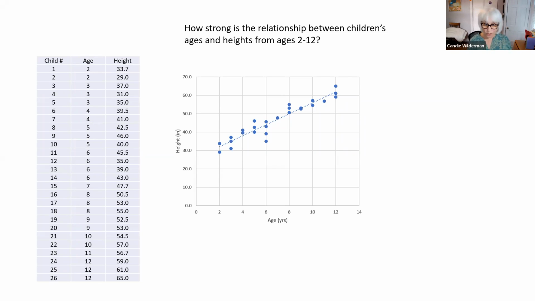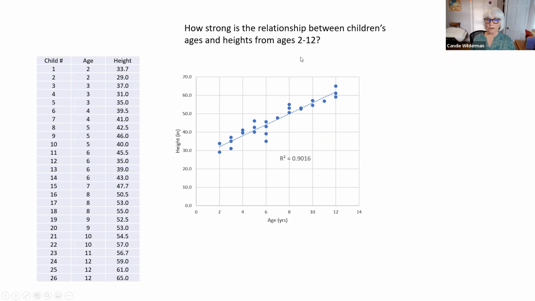And then how good is that fit? We calculate an R squared value. In this case, it's 0.9016, which shows that there's an extremely strong relationship between age and height. The variability in age can actually explain quite a bit about the variability in height. Not everything, but quite a bit.